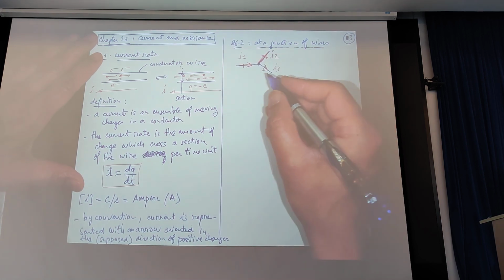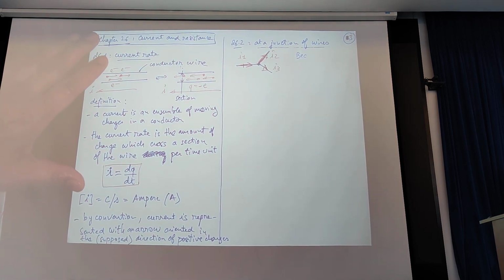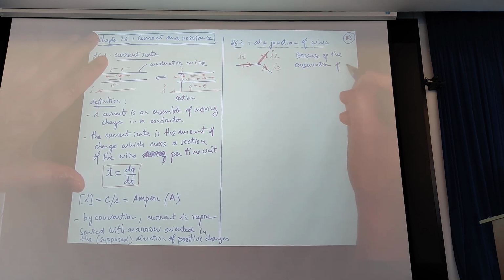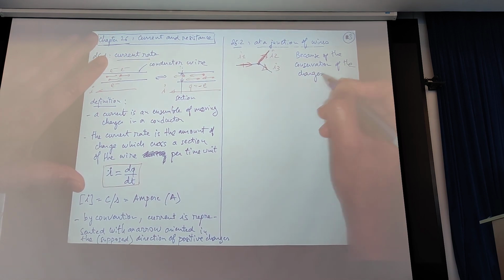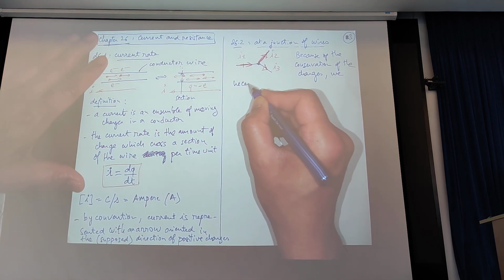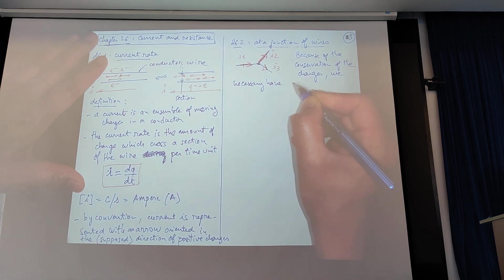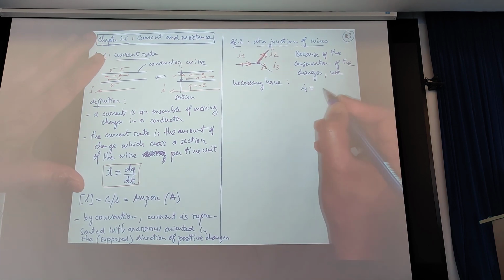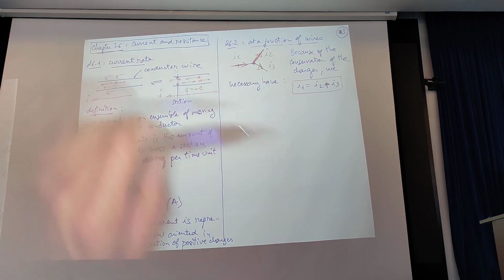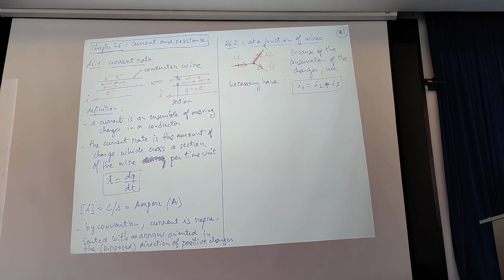So because of the conservation of the charge, we necessarily have I1 equal I2 plus I3.